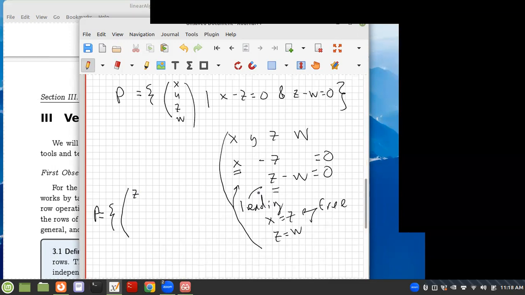Oh, Y is also a free variable, right? X and Z are free, Y is free. X and Z are leading. Let me just think about this for a second and get this straight. Okay, so we have Z and W are obvious, not Z. Oh, okay, here. I have blown this.